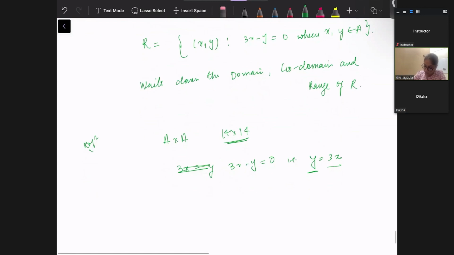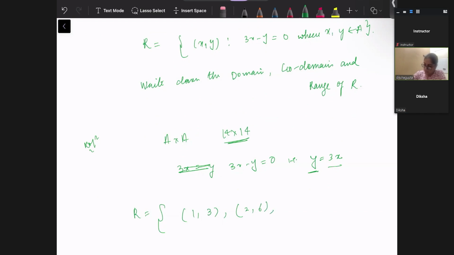So just take first element vary करो. x को अगर 1 लिया तो y क्या होना चाहिए, 3. x को अगर 2 लिया तो y क्या होना चाहिए, 2 into 3, 6. And also keep in mind that x and y both are in A. तो जब तक A में आ रहा है तब तक लिखते रहो. तो x को 3 लिया 9, x को 4 लिया 12, अब x को 5 लेंगे 15, it will go out of the set A. So सिर्फ इतने एलिमेंट्स आ सकते हैं, right?